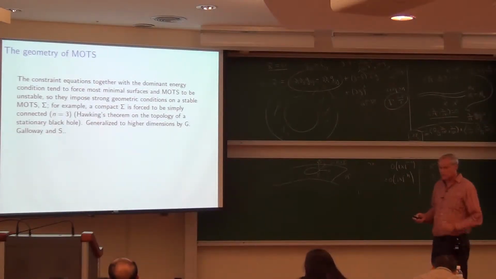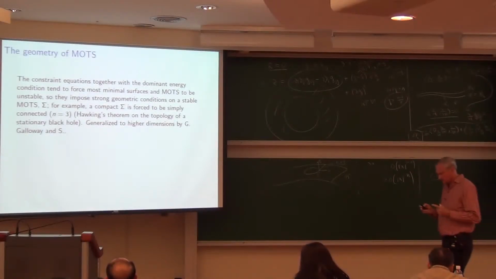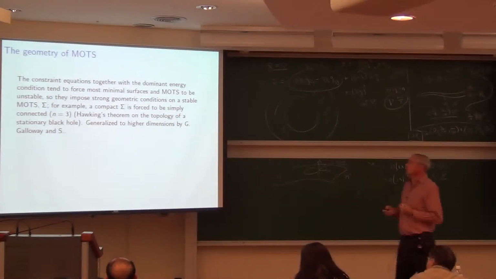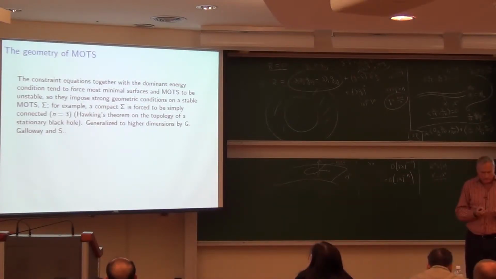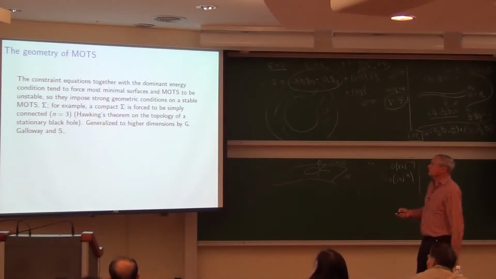Okay, and since I'm going to be a little short on time, let me just say that the constraint equations impose very strong conditions on stable MOTS. So it's the constraint equations together with the dominant energy condition, some kind of positivity condition on the curvature of the manifold, and they very much interact with the stability of MOTS.